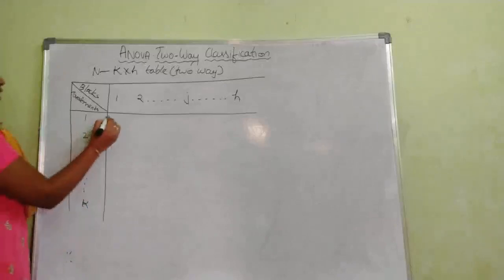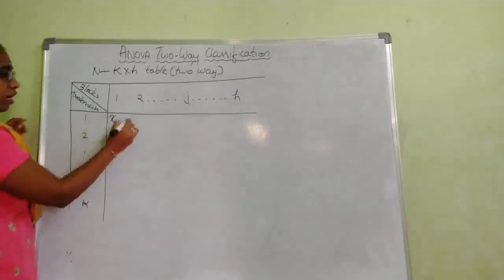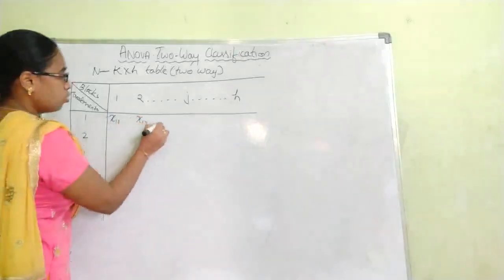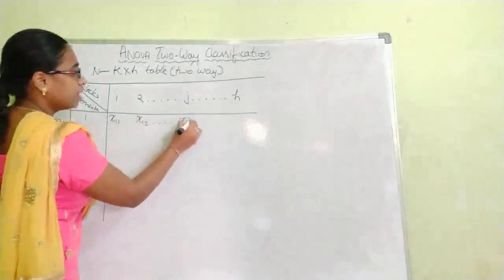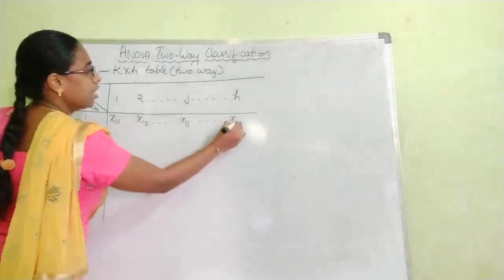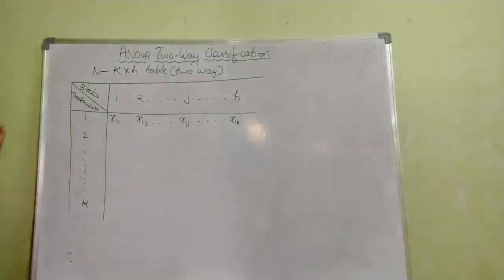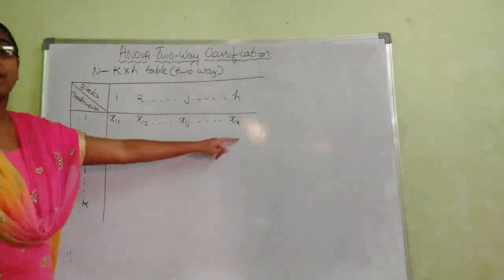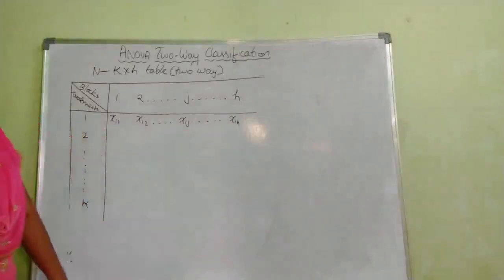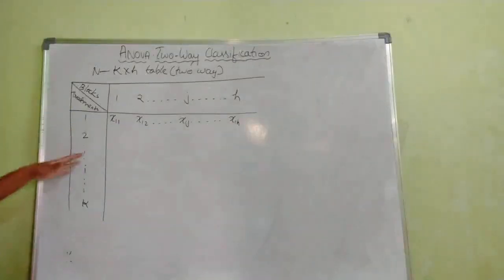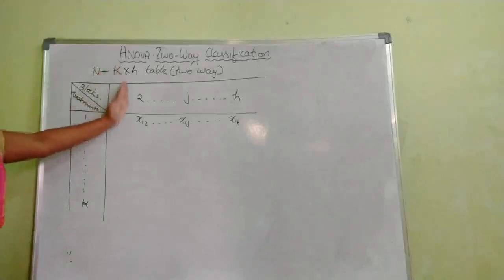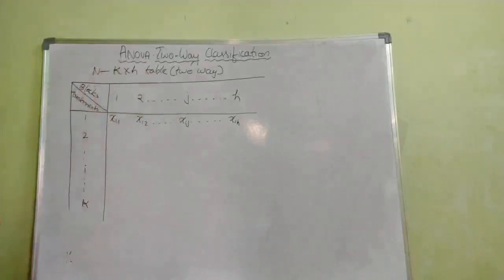So this can be written as x11, x12, so on, x1j, x1h. The only difference between the one-way and two-way classification is that in one-way there will be different N1, N2, different observations for each treatment. Here it is not like that. First we'll divide the data into blocks, and in each block there will be K number of treatments.